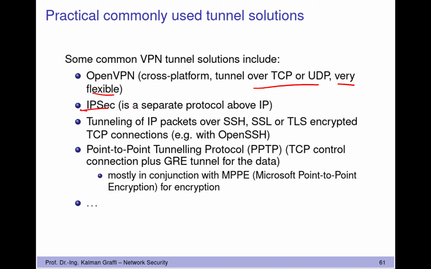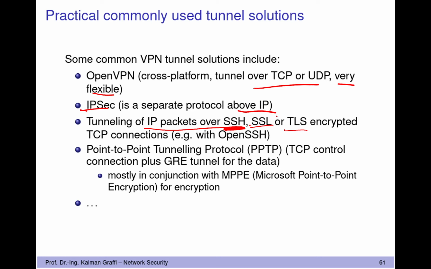IPsec is an extension to IP. It's above IP, below TCP. It's a little bit complicated. Then there are specific application layer protocol tunnels, such as IP packets over SSH. So this is an application layer protocol, or secure socket layer, transport layer security, encrypted TCP connections.